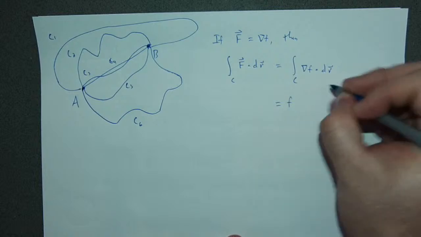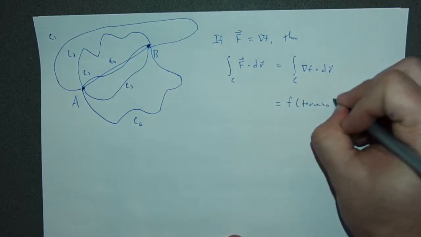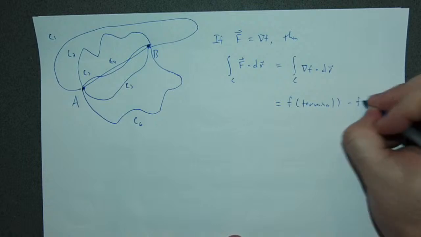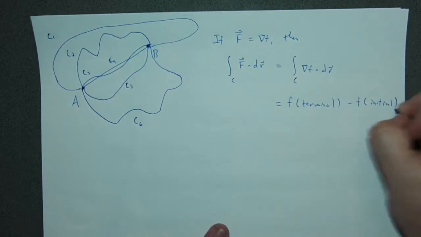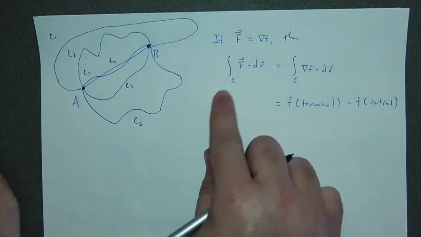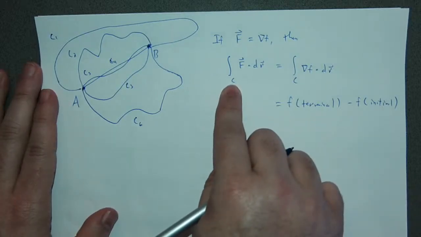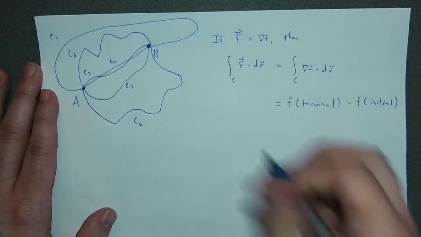This is always little f of terminal minus little f of initial. Or in this case, B and A here, right? And so it doesn't matter what C is, because the endpoints are the same. The line integral along each of these C's is the same.